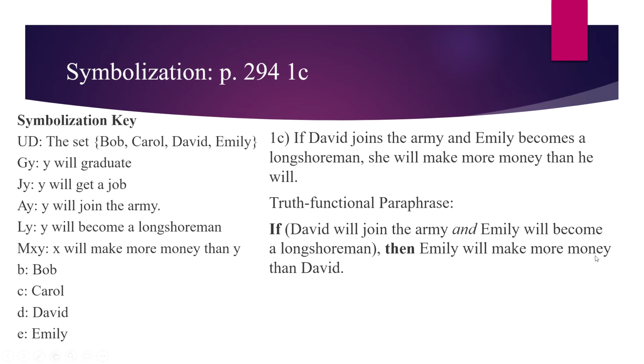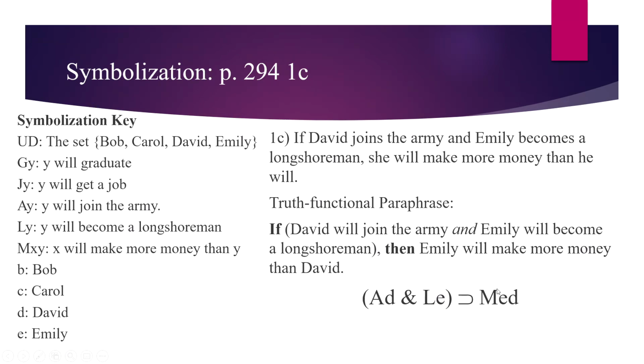The consequent does not need to be in parentheses because here we just have one predicate sentence. It's a 2-place predicate. So our final symbolization is if David joins the army and Emily becomes a longshoreman, then Emily will make more money than David.